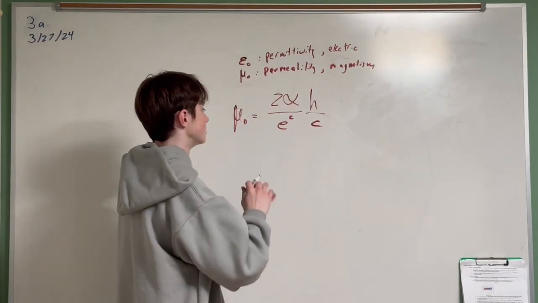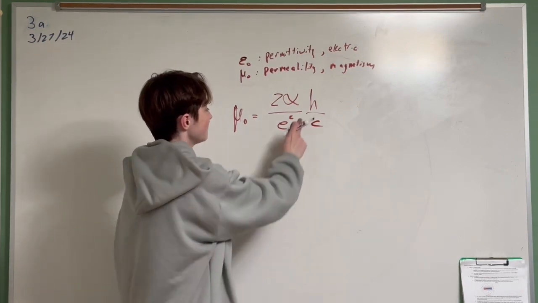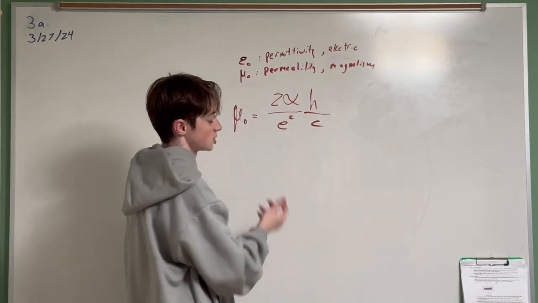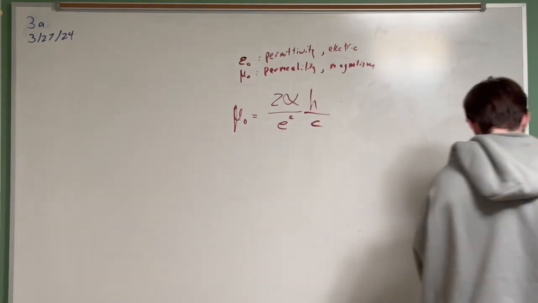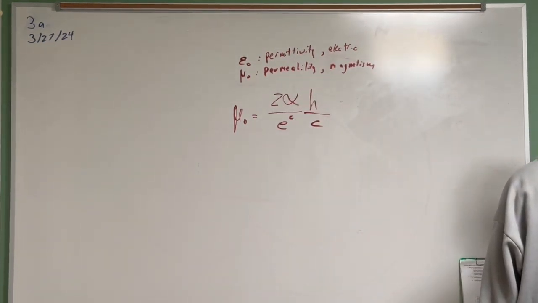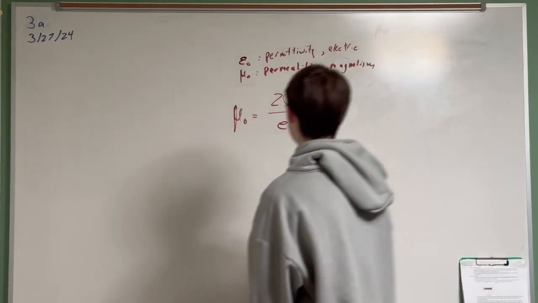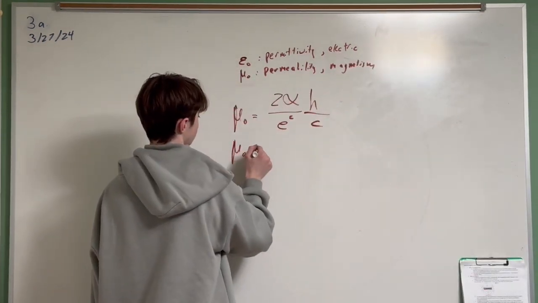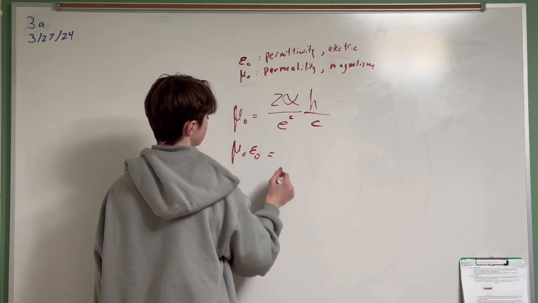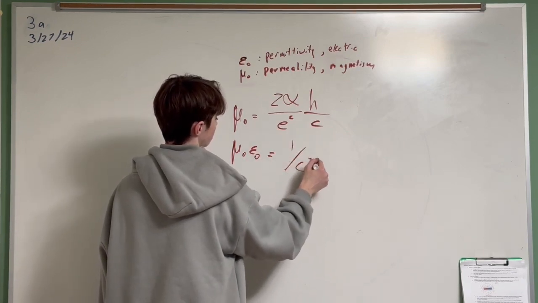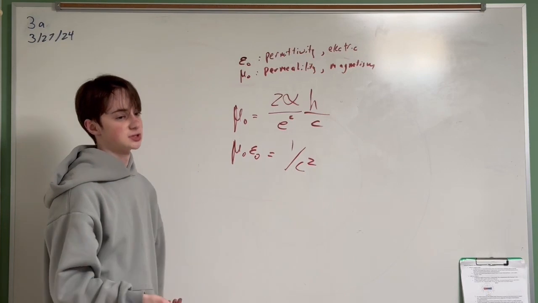Great. No one cares. But this is the formal definition of magnetic permeability of free space. Oh, sorry, I missed the relationship between the two. Oh, right, okay. And also, mu0 times epsilon0 is equal to the inverse of the square of the speed of light. So don't ask.